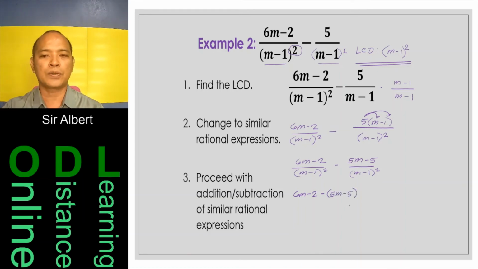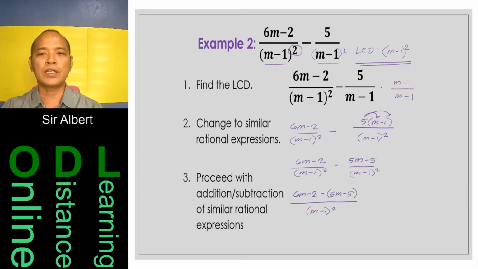Take note how this was written. It's going to be written as minus parenthesis of 5m - 5 to mean that we are subtracting the entire second numerator. All over, copy the common denominator of (m - 1) squared.